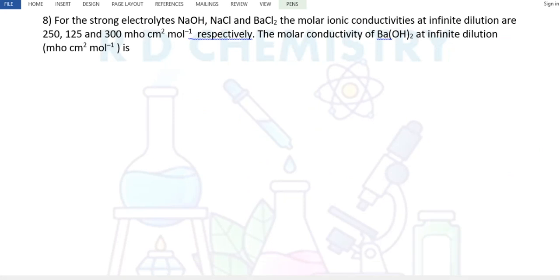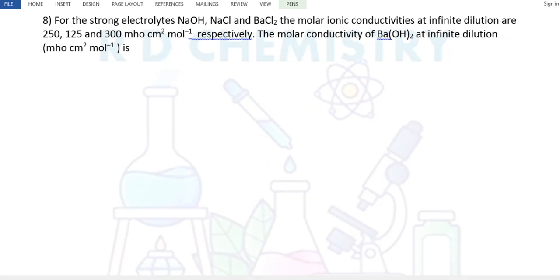Question number 8. For the strong electrolytes sodium hydroxide, sodium chloride, barium chloride, the molar ionic conductivities at infinite dilution are 250, 125, 300 mho cm² mol⁻¹ respectively. The molar conductivity of barium hydroxide at infinite dilution is to be calculated with the same unit.